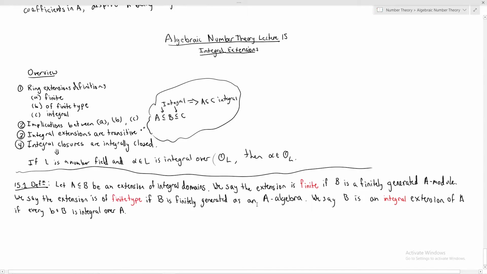We should come up with some examples differentiating these three conditions.